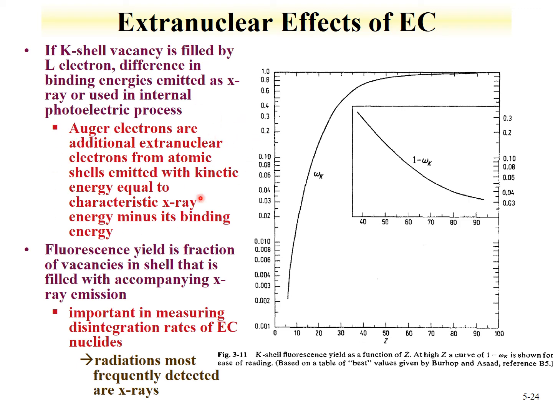These are outer atomic electrons that will be emitted with a kinetic energy equal to the characteristic X-ray minus its binding energy. There's a term, the fluorescence yield, which is the fraction of vacancies that are filled with an accompanying X-ray. The reason this is important is that sometimes these Auger electrons can be used in radiopharmaceutical applications, where if you have an isotope that has a high degree of Auger electron emission, you can use it as a therapeutic agent for cancer treatment.